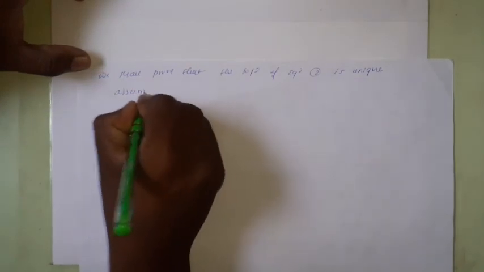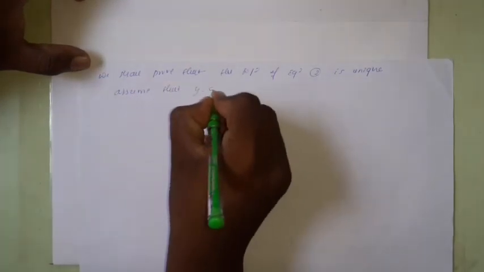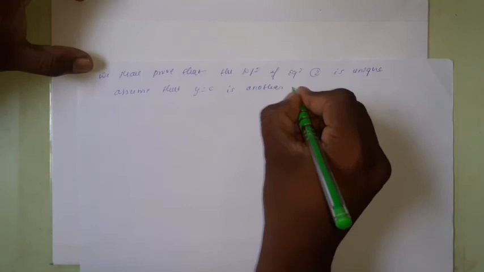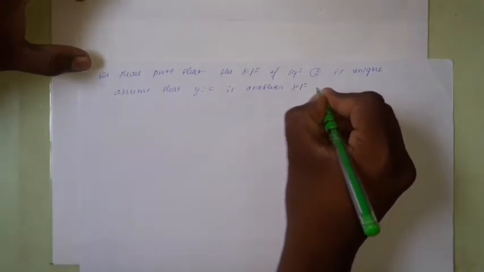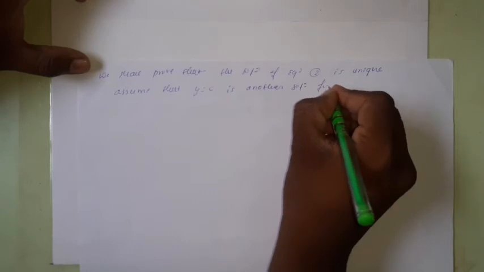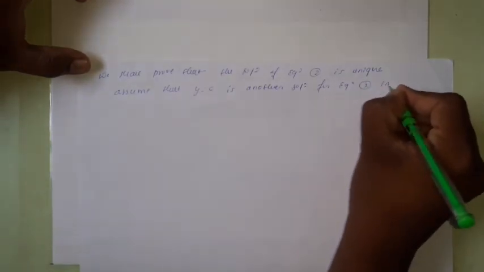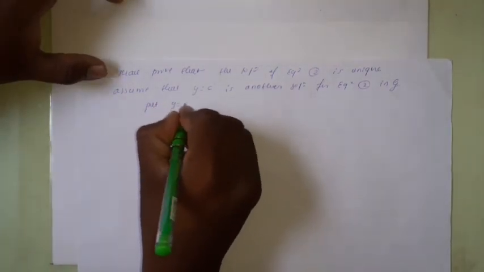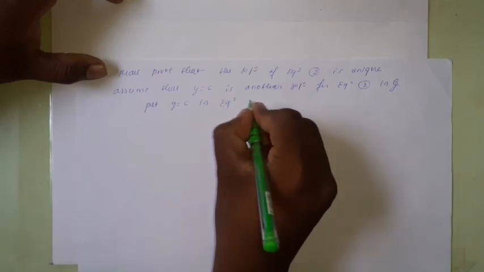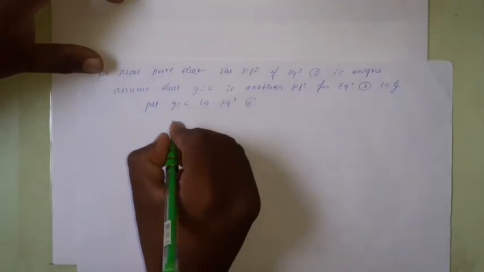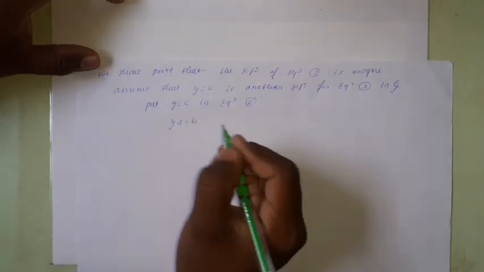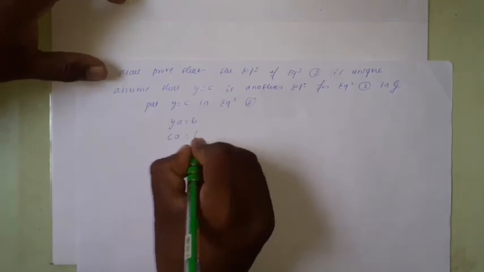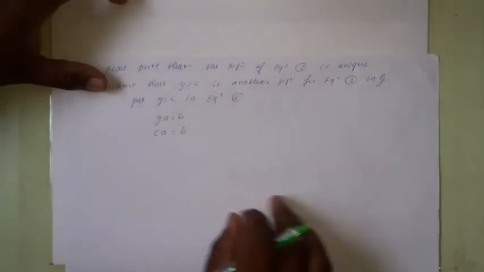Assume that y is equal to C is another solution for equation 2 in the group G. Now put y is equal to C in equation 2. So the equation 2 is YA is equal to B, then we substitute y is equal to C, then it becomes CA is equal to B, and then we need to find the value for C.